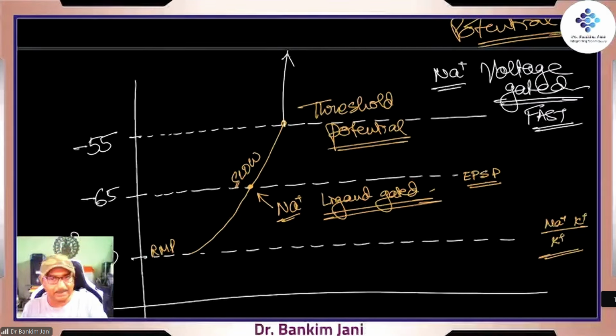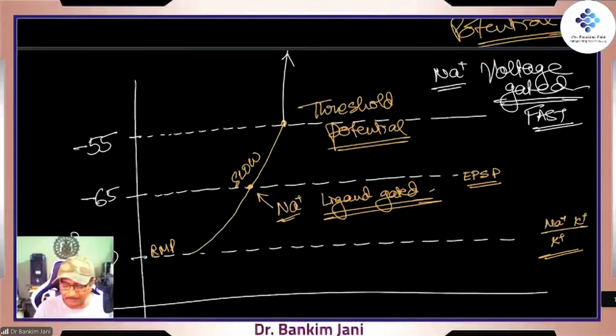Because a large amount of sodium will open, as they are controlled electronically. Right? So voltage gated means electronic control. So those number of channels will open and just dump the sodium in large quantity into the cell. So immediately it will start rising, comes plus. So the point is that ligand gated sodium channels are slow. Voltage gated sodium channels are fast.